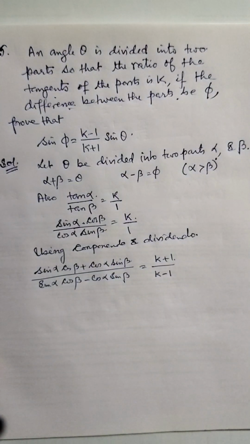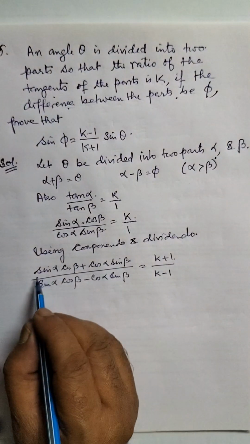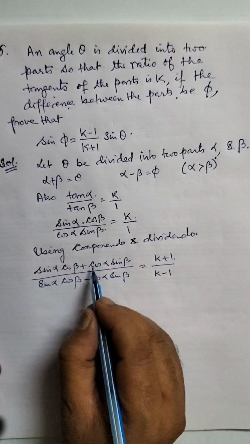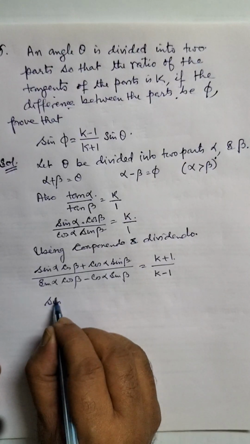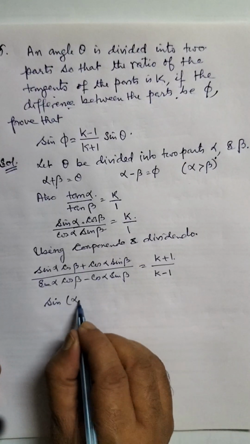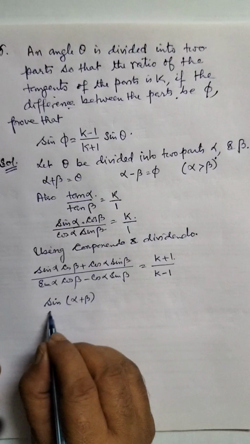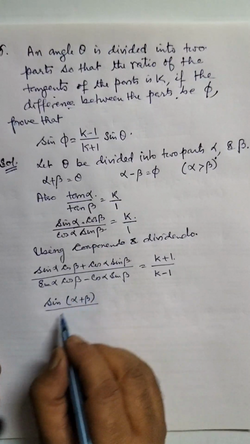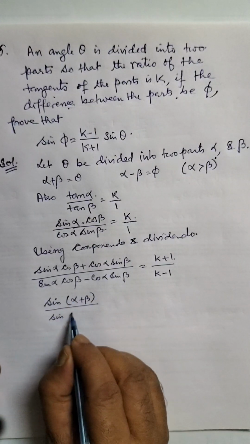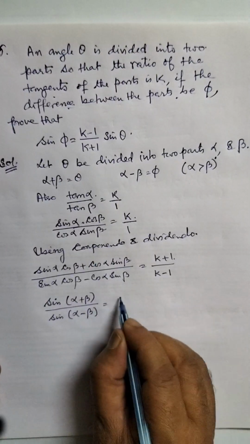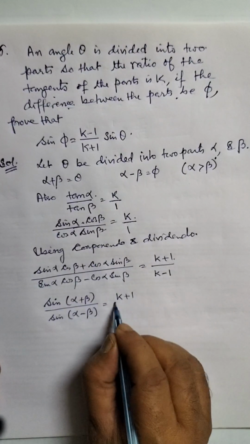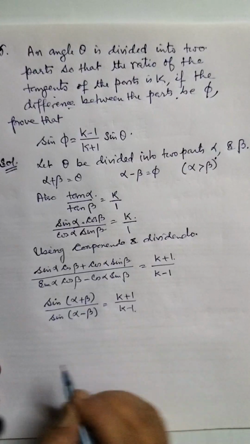Now this, again, using the identity, this is nothing but sine of alpha plus beta, and this is sine of alpha minus beta. This is k plus 1 by k minus 1.